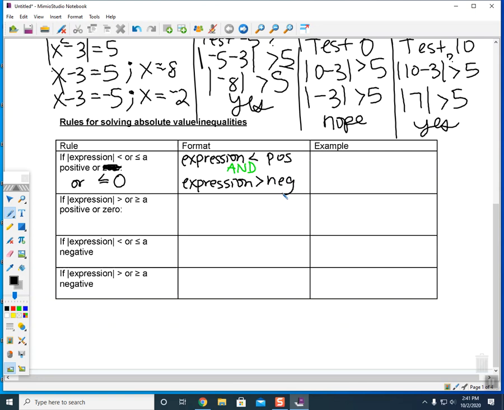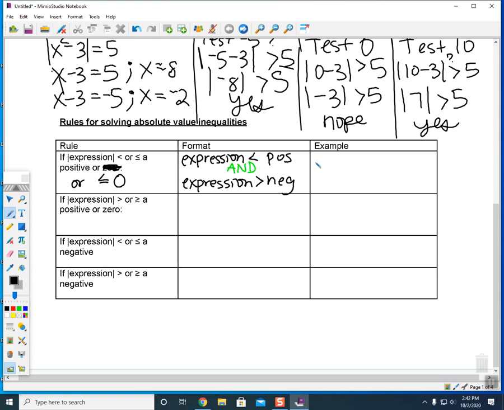Because it's going to clue me onto what my graph is going to look like, what my solutions will look like. So an "and" statement means that I have 2 points and they're connected. So instead of my arrows going in opposite directions, they're going to overlap. That's what that tells me.